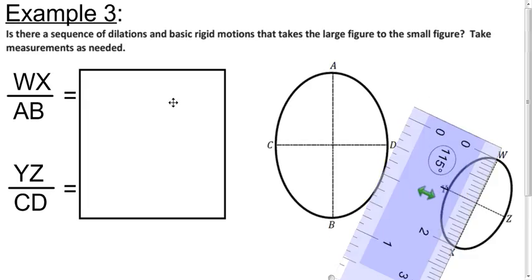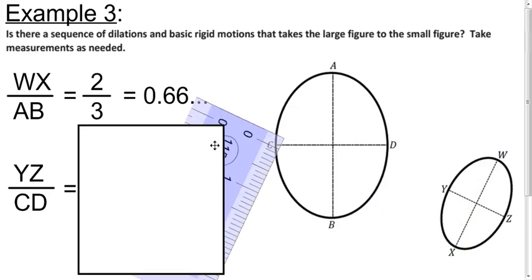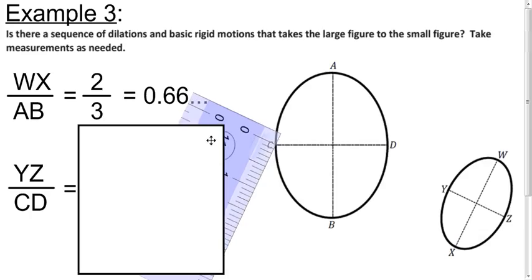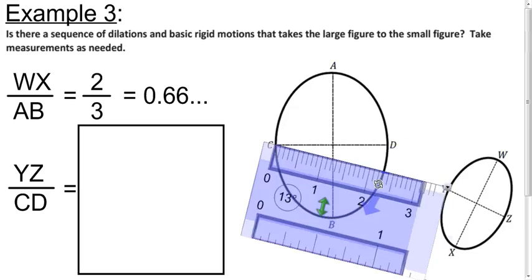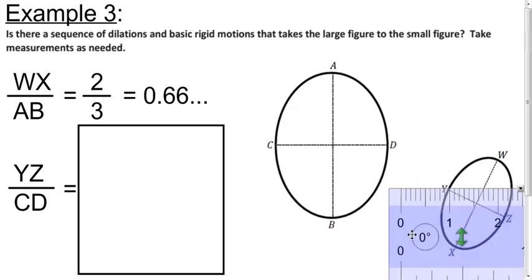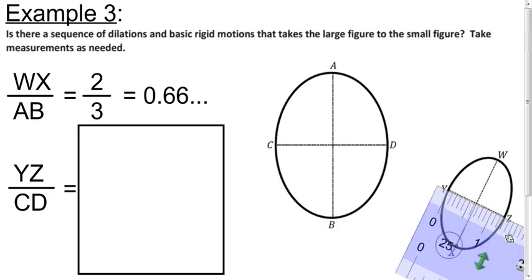So if we think of this as a reduction, the scale factor is 2/3. If they are similar, then we should get the same scale factor over here. So CD is 2.3 centimeters, and YZ is just about 1.3 centimeters.